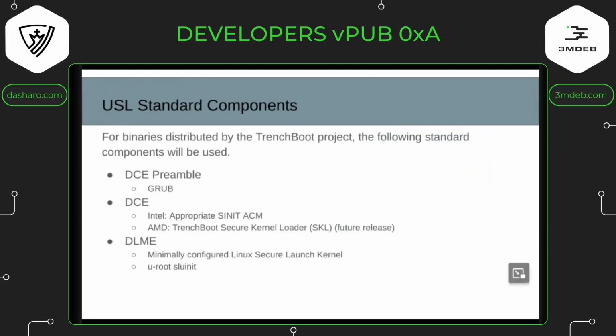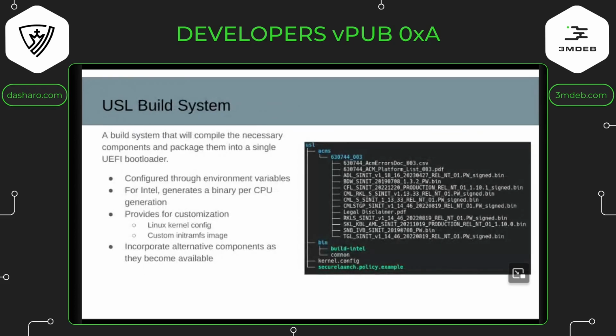So I already covered all the components here. The other aspect of USL is the build system that allows you to generate these binaries. In conjunction with Oracle, we built all these components for their use internally.